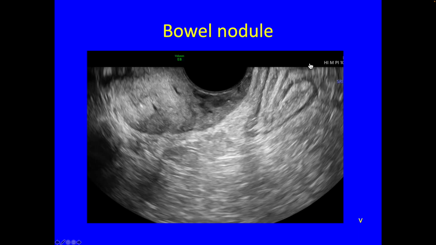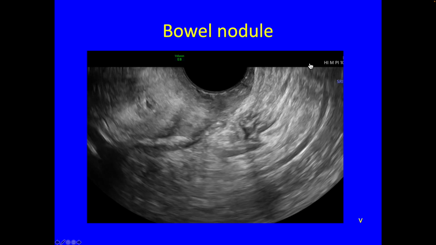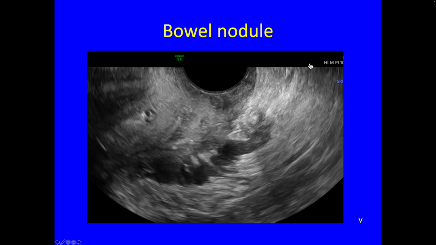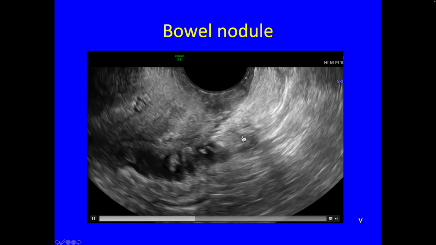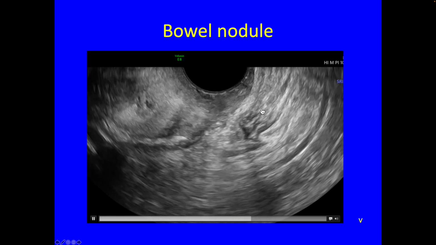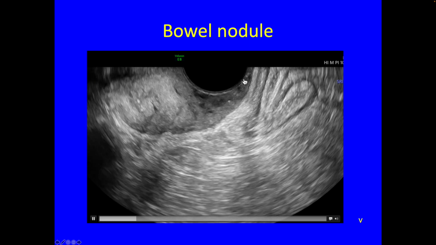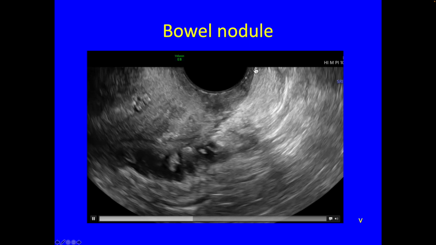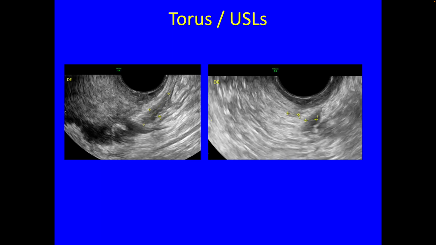So just looking again at this bowel nodule, looking for all the other bits of anatomy nearby, you can see that there's ureterocervical fibrosis, and then you see this very faint, dark, deep endometriosis just there. You can also see that the posterior vaginal fornix is normal. So there's that deep endometriosis at the torus extending into the uterosacral ligaments like that.